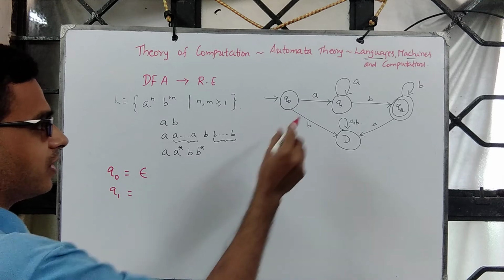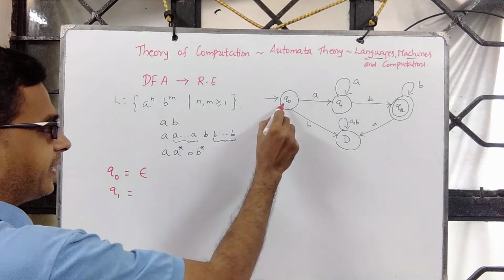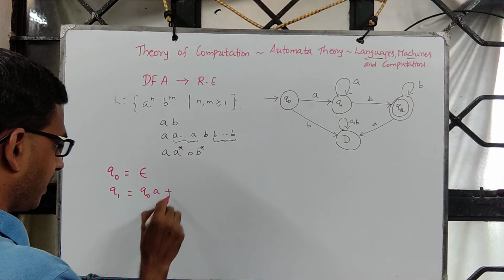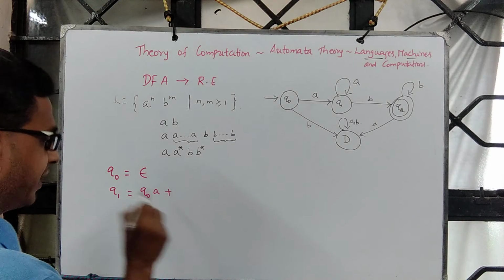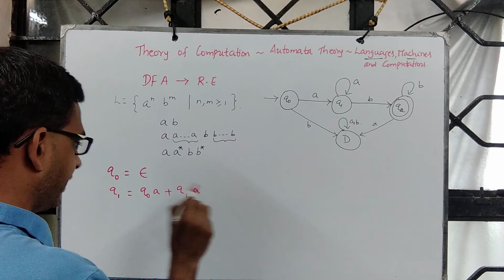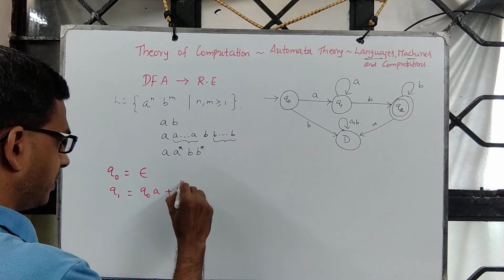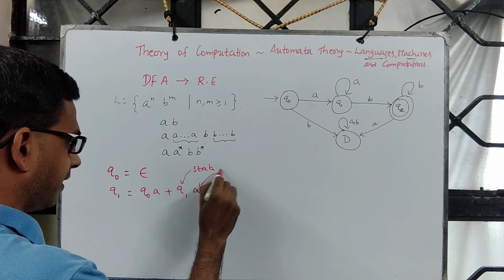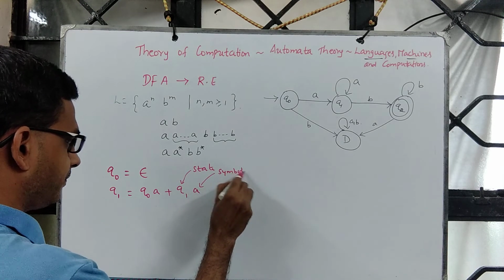For Q1, you see that there is an arrow from Q0. So it is Q0 A, always state followed by the symbol. Then it is Q1 A. So it is always state followed by a symbol.